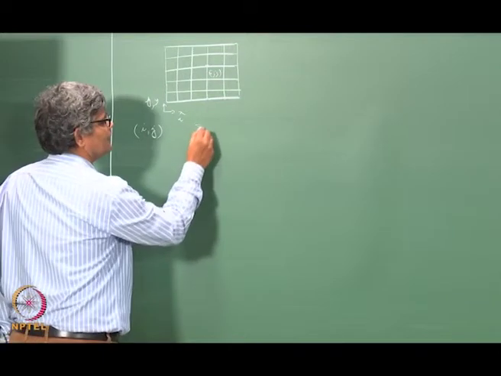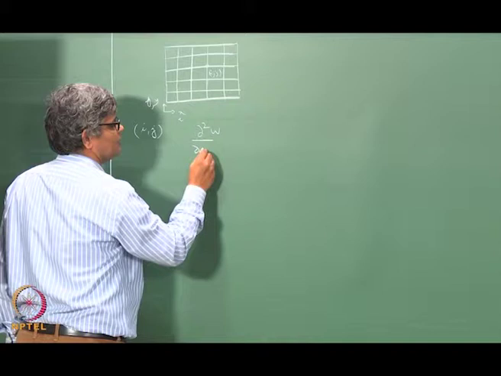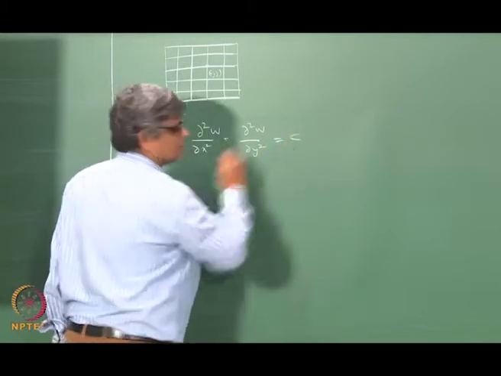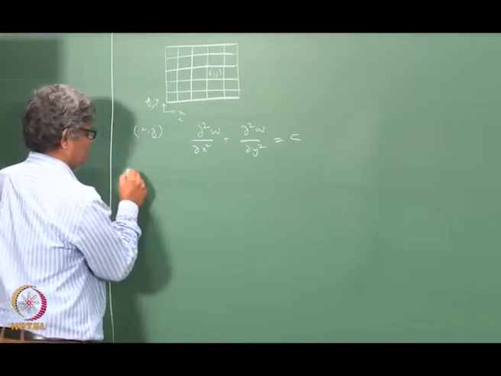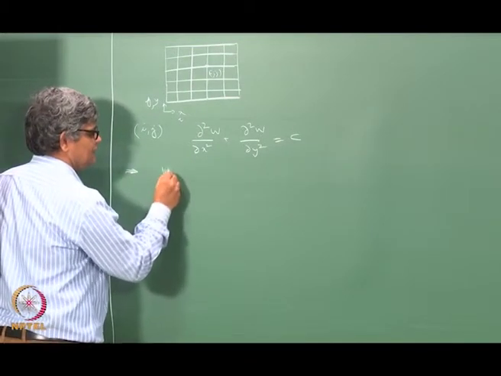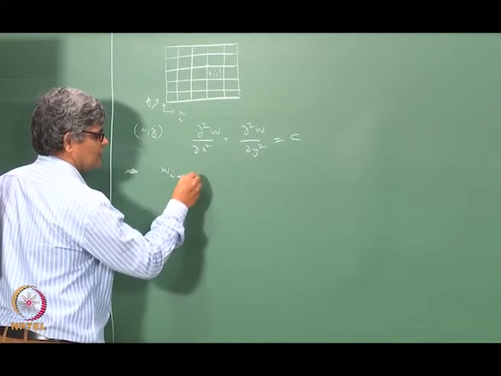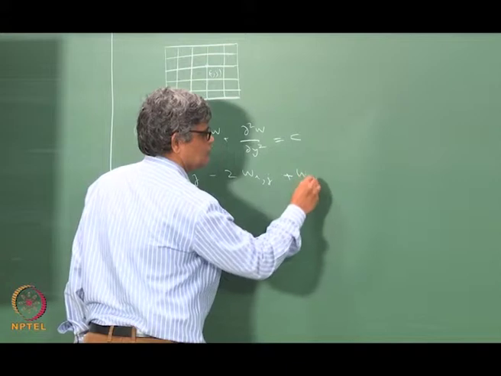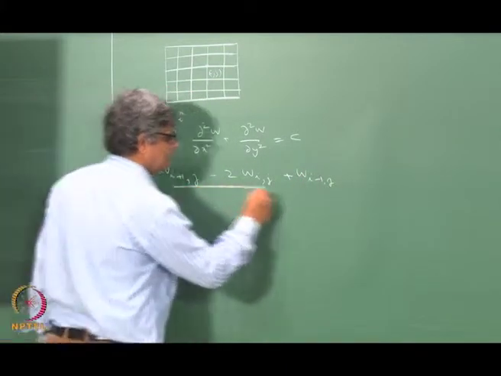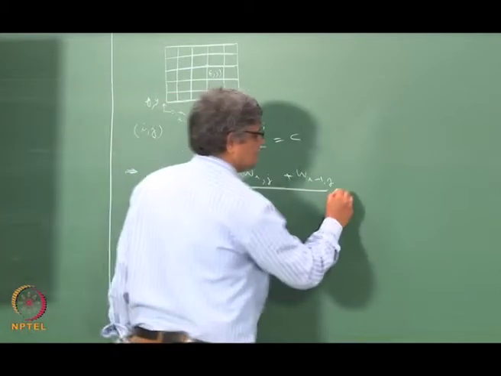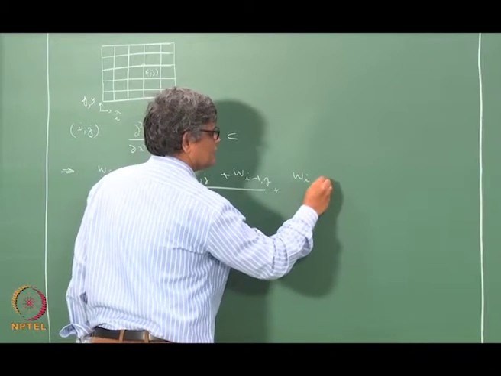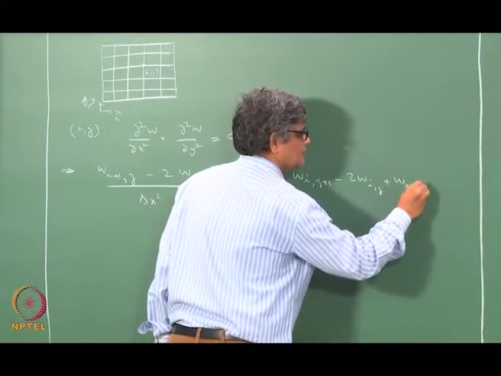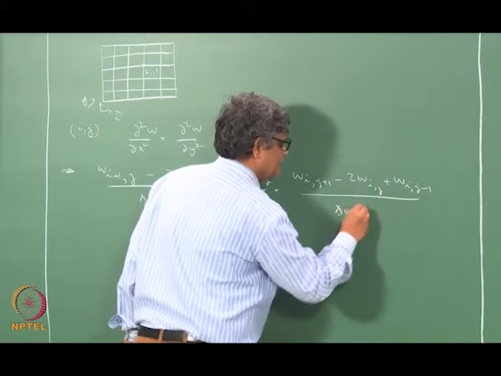And the governing equation, which is ∂²w/∂x² + ∂²w/∂y² = c, was converted into (w(i+1,j) − 2w(i,j) + w(i−1,j))/Δx² + (w(i,j+1) − 2w(i,j) + w(i,j−1))/Δy² = c.